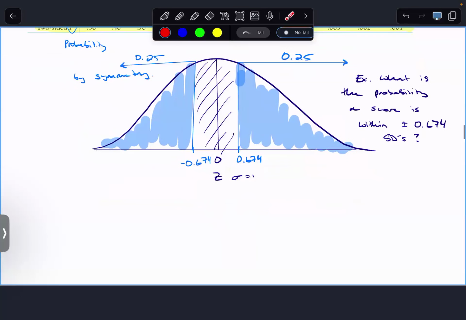So the probability is 1 minus 0.25 minus 0.25, which is 0.5. There's a glitch, but not on there, just on my iPad. Good.